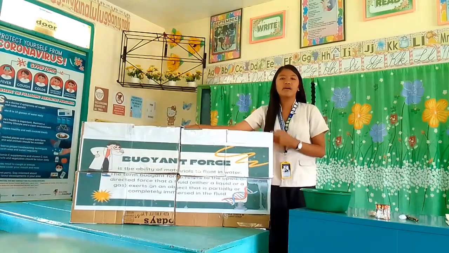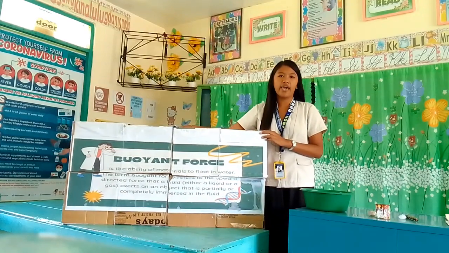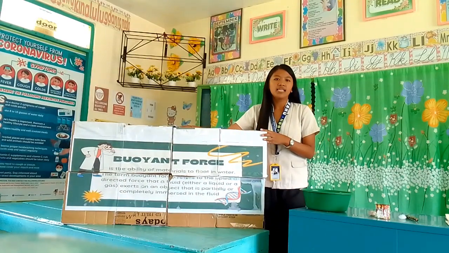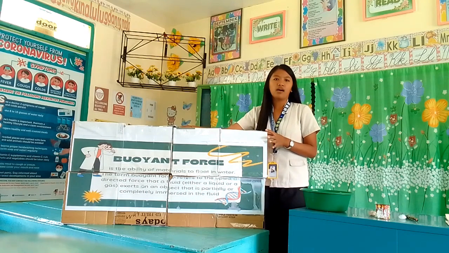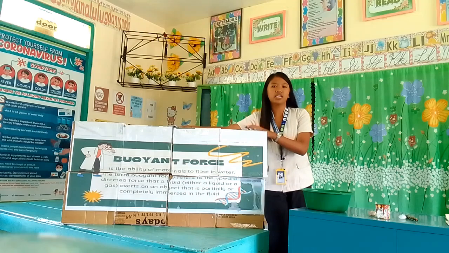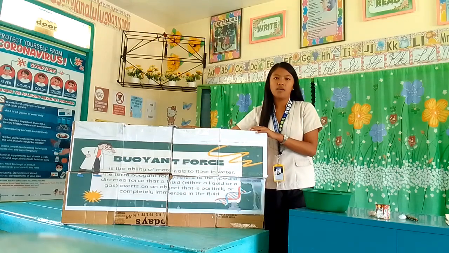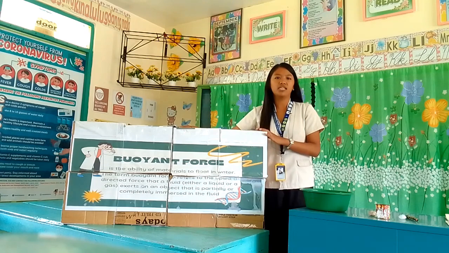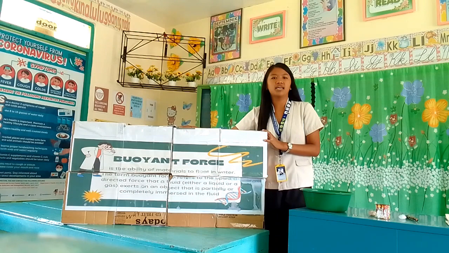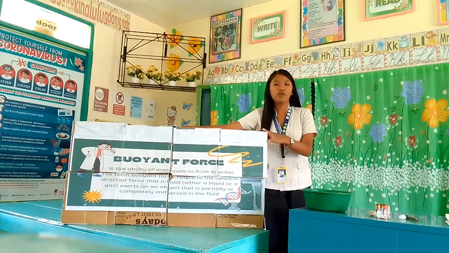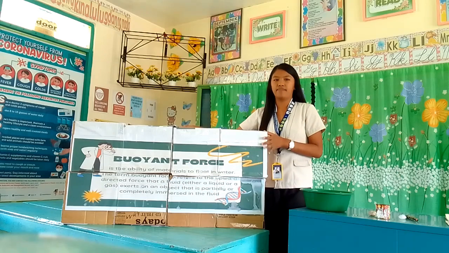So, buoyancy refers to the upward force that a fluid such as water or air exerts on an object that is placed in it. The buoyant force depends on the weight of the fluid displaced by the object. If the object is denser than the fluid, it will sink because the weight of the object is greater than the buoyant force. If the object is less dense than the fluid, it will float because the buoyant force is greater than the weight of the object.